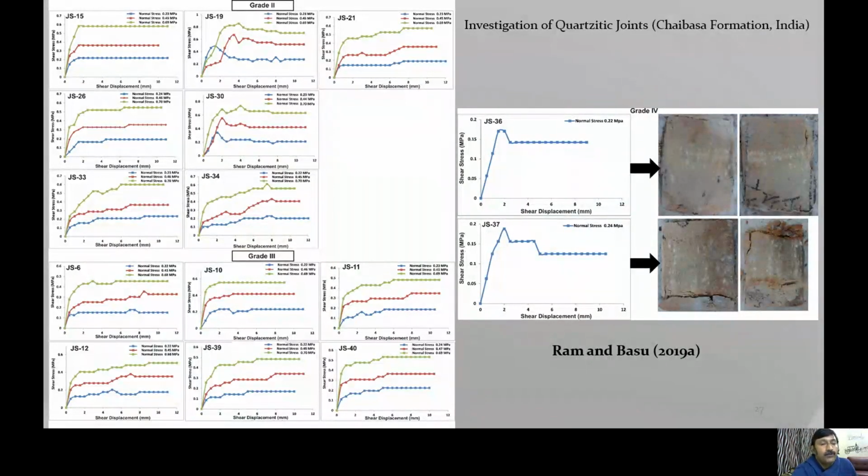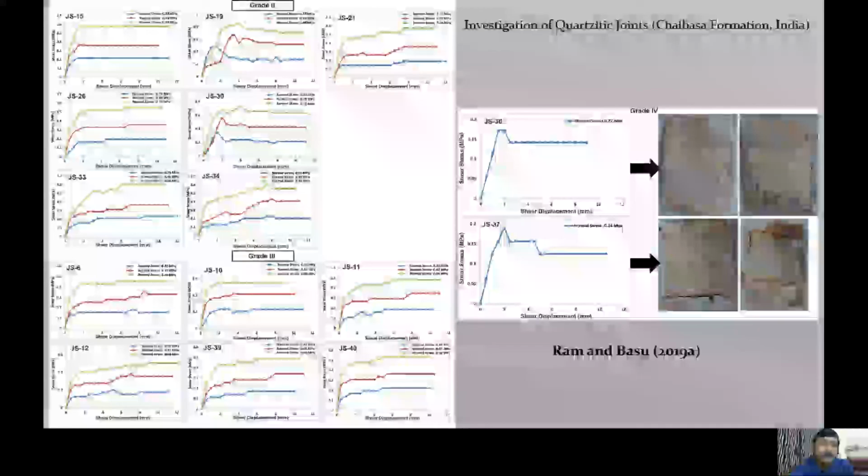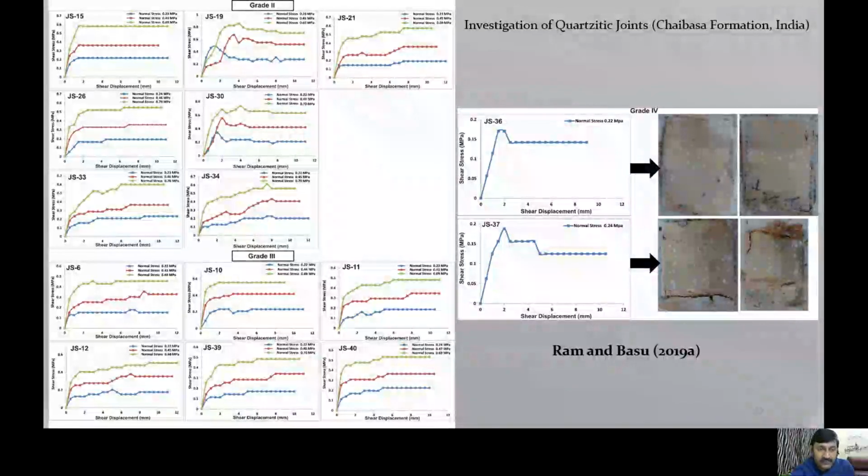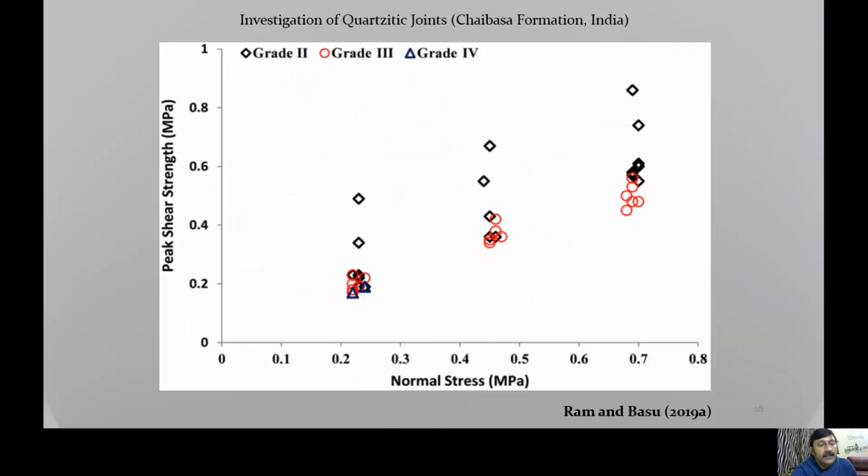So when we analyze the data, we found that the peak shear strength gets deteriorated as weathering intensifies. We also found out the peak friction angle, and we found that peak friction angle also shows a negative relation as the weathering grade intensifies. Now, this is a very, very interesting plot.